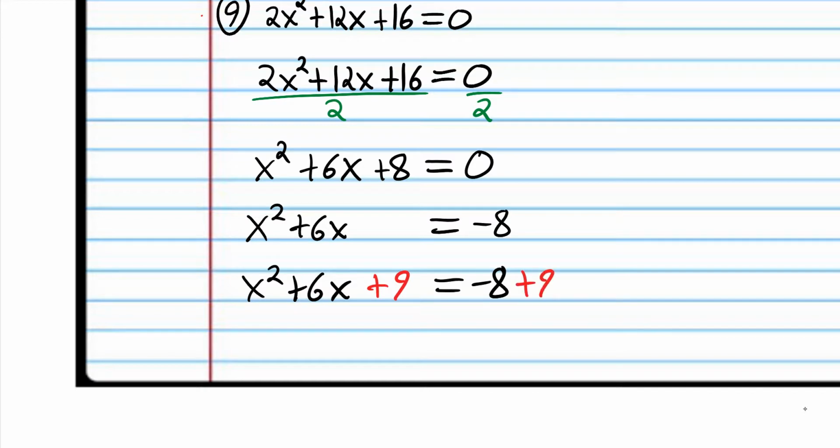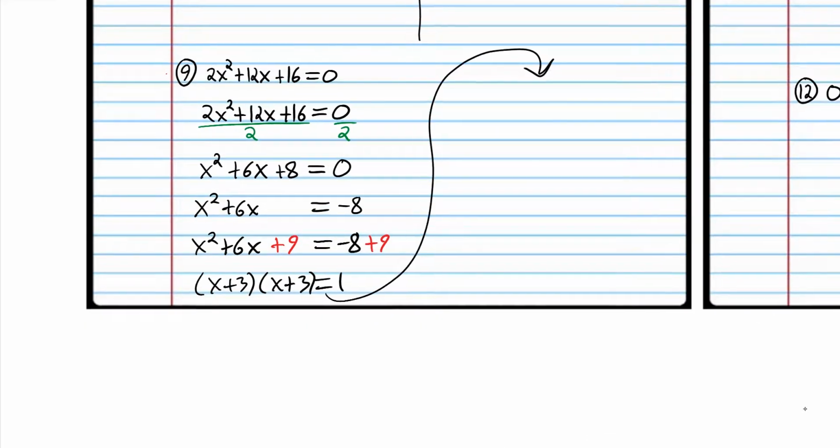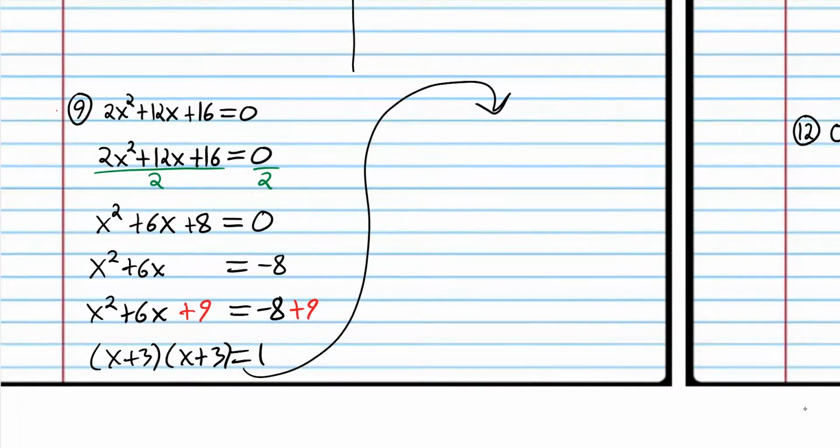Add 9 to both sides, negative 8 plus 9 is 1, and that's a perfect square. x plus 3 times x plus 3, and we're out of room, but that's okay. We can go up here, and we're going to combine those x plus 3's to power notation. And of course, we're going to then get rid of that power by square rooting both sides.